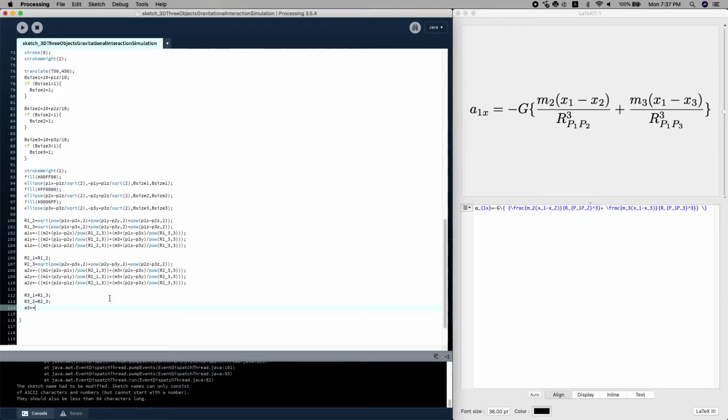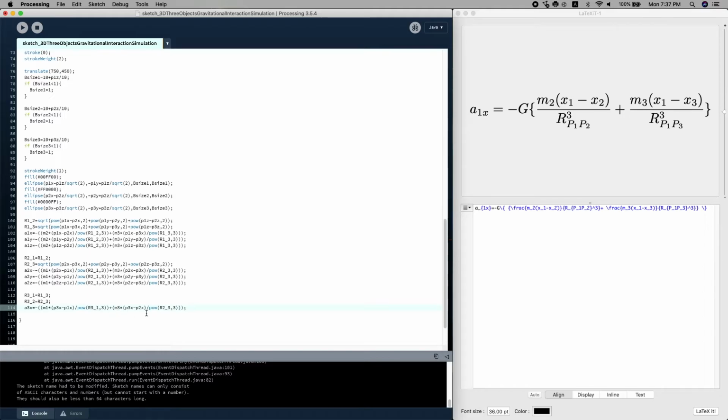And so A3x, using the one from here, that's going to be 3 minus 1, and 3 minus 2, and we're talking about M1 here, the interaction with M1, so we're going to need M1, and the radius from 3 to 1.